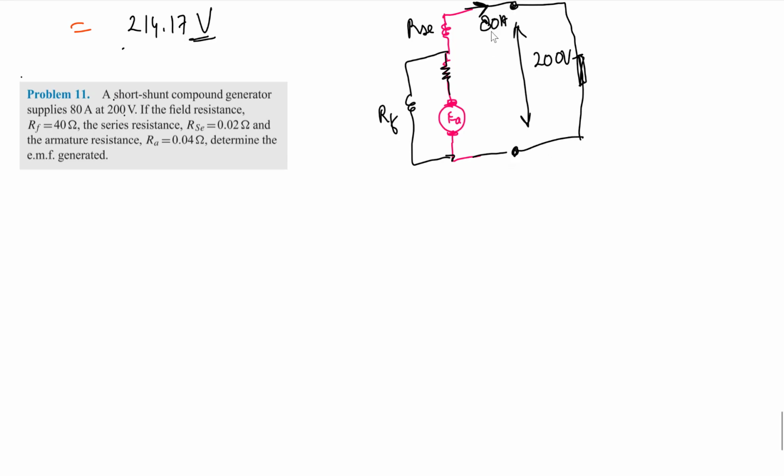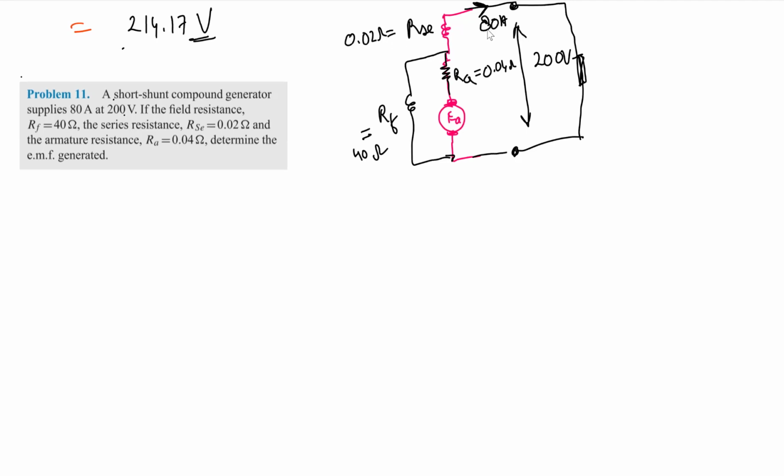RA is equal to 0.04 ohm, RF is equal to 40 ohm, and RSE is 0.02 ohm.